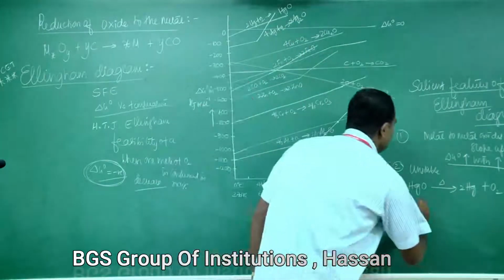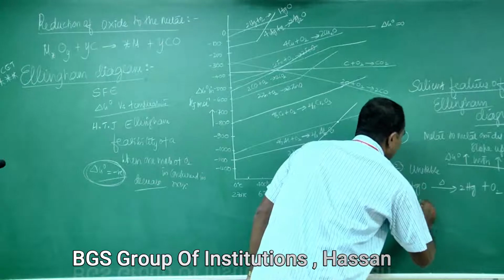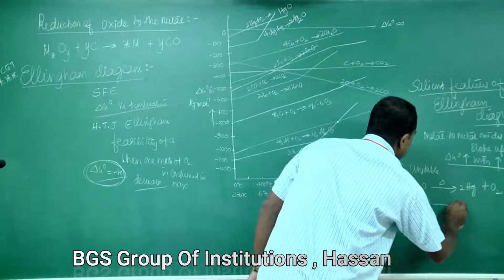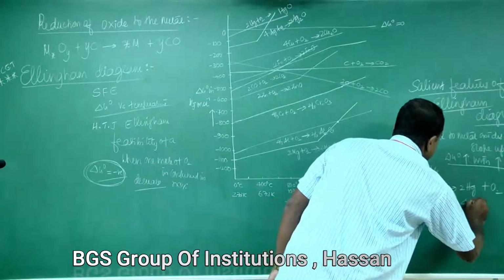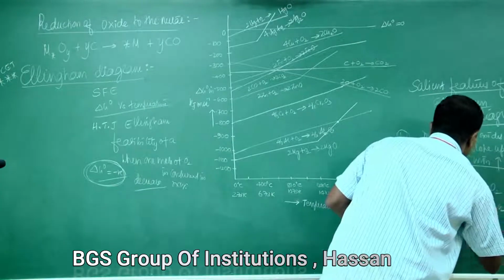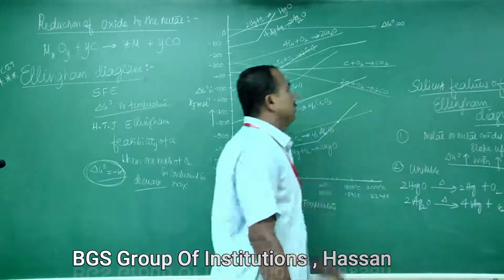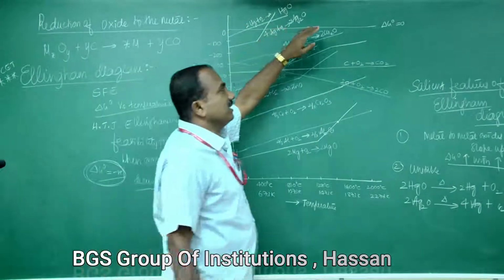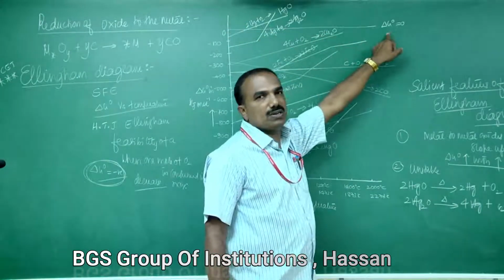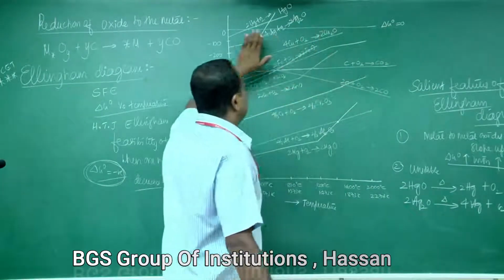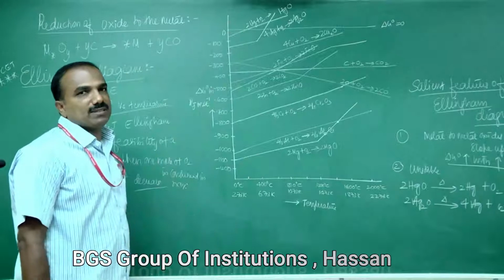Another reaction is 2Ag2O on heating readily decomposes to give 4Ag plus O2. These two metal oxides become unstable as they cross the delta G naught is equal to 0 line.